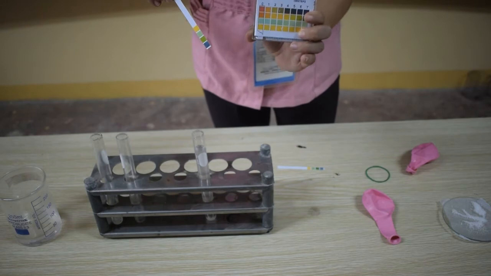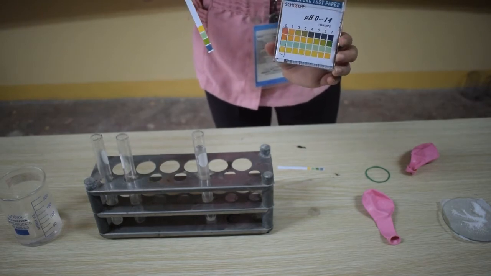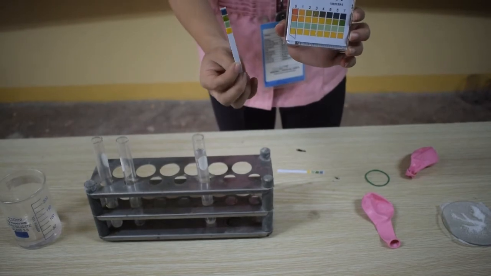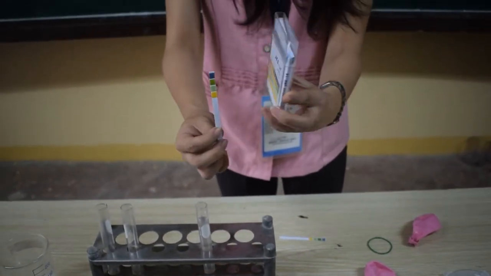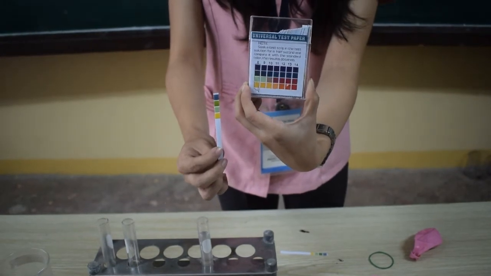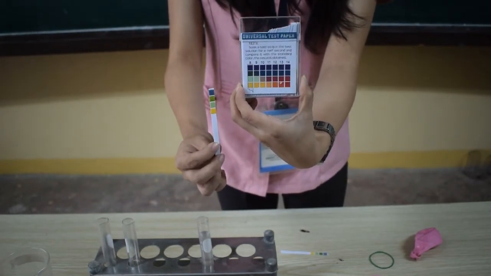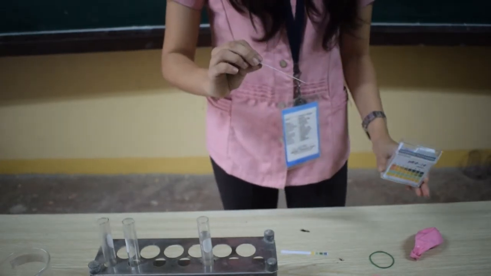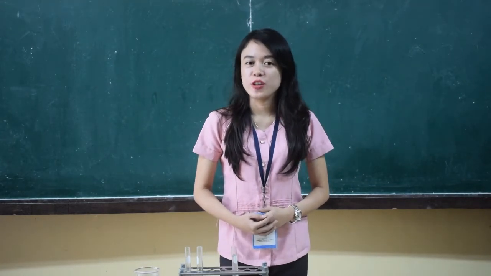Afterwards, still using a color chart, you are going to compare the result in the litmus paper to the standard color. And now, you can write down the results and answer the guide questions that will be projected on your screen.